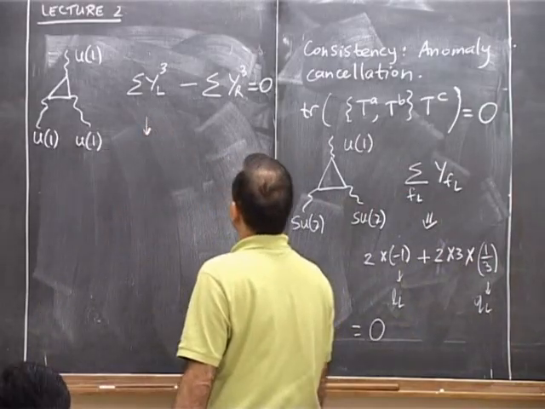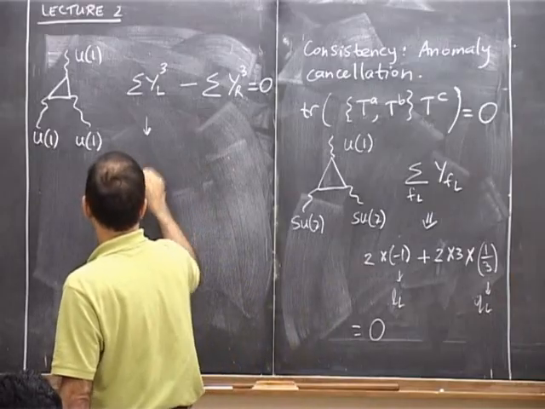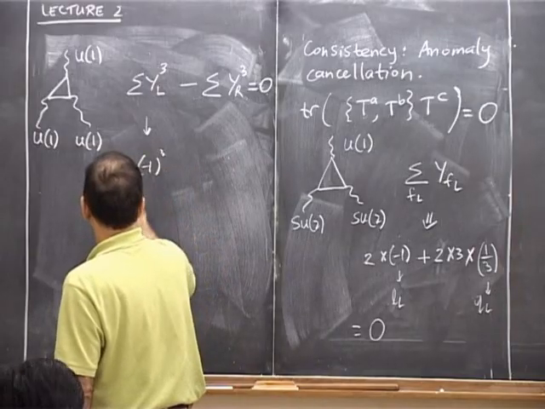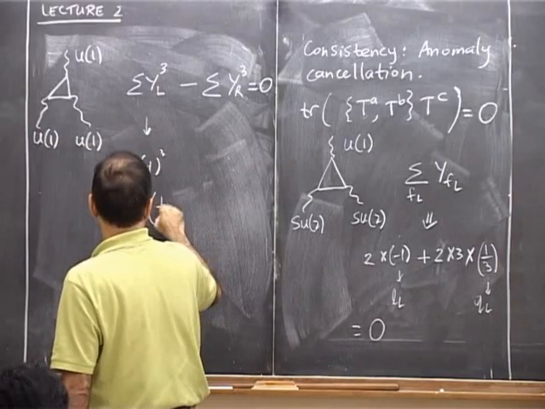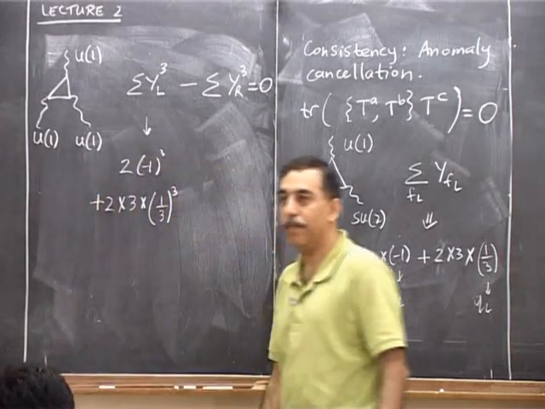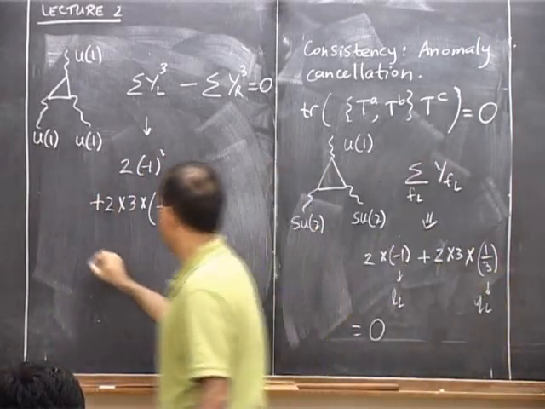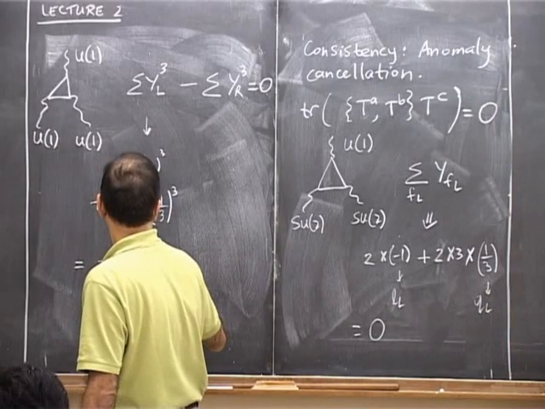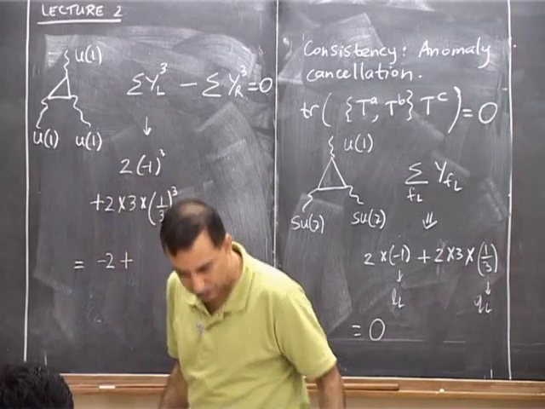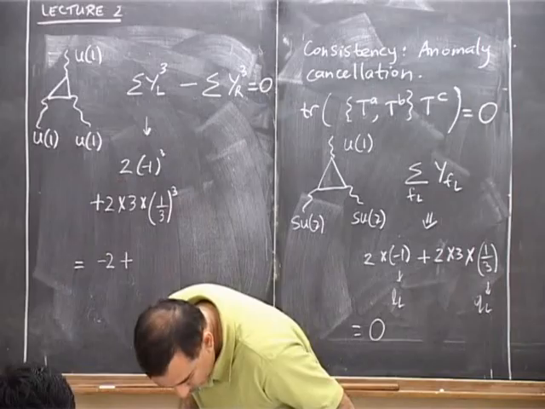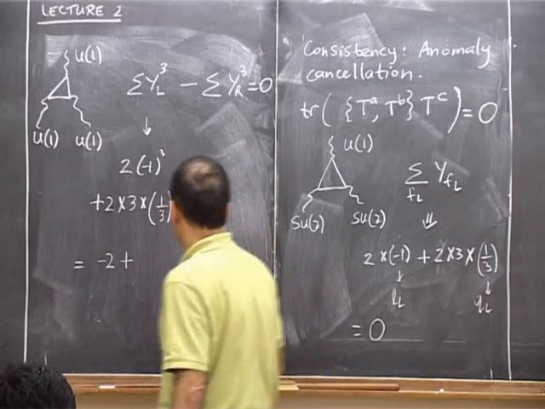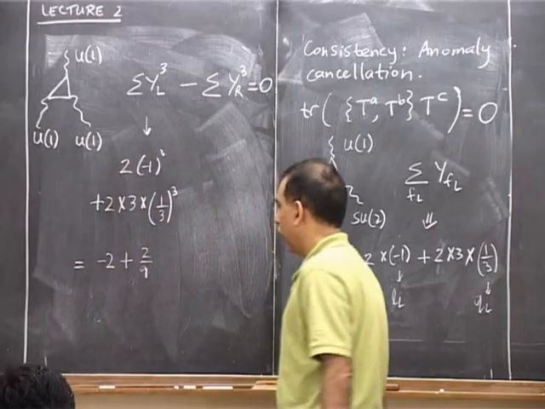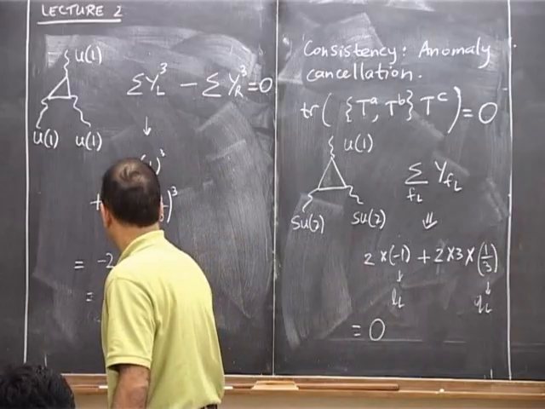The left-handed leptons give me 2 times minus 1 cubed, and the left-handed quarks give me 2 times 3 times 1 by 3 cubed. Okay, so this is minus 2 plus something here. This doesn't look very convincing. Yeah, but it's true. So this is plus 2 by 9. Okay, that's minus 16 by 9.